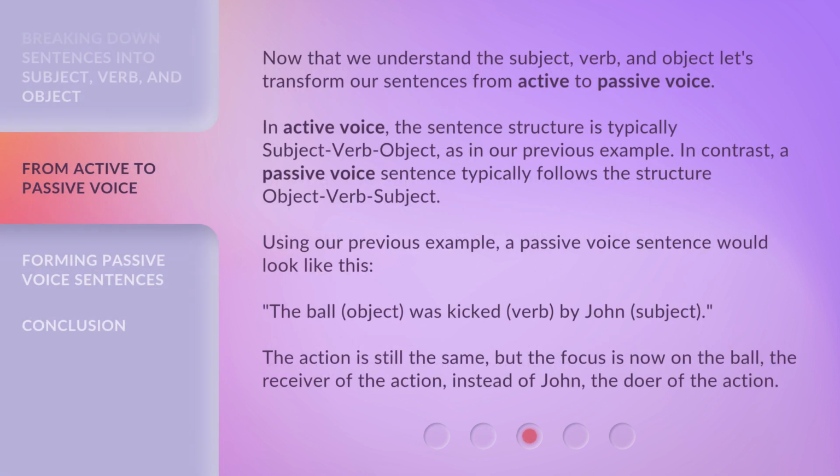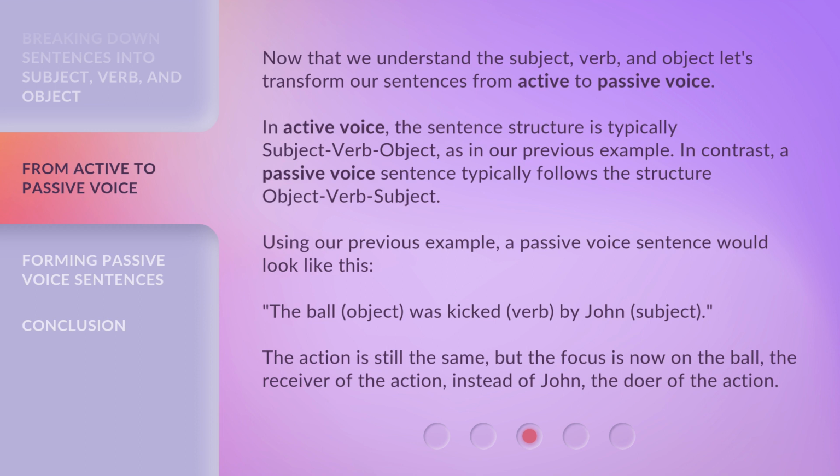Now that we understand the subject, verb, and object, let's transform our sentences from active to passive voice. In active voice, the sentence structure is typically subject-verb-object, as in our previous example. In contrast, a passive voice sentence typically follows the structure object-verb-subject.